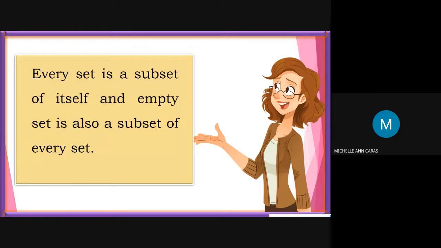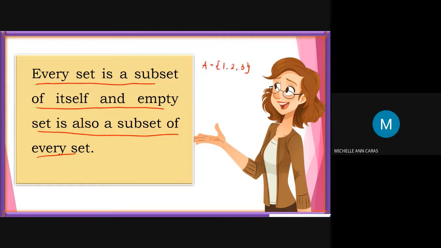So, okay. So another statement, every set is a subset of itself and the empty set is also a subset of every set. So, halimbawa, if we are given the value of set A is equal to 1, 2, 3, ang hambalabi diri class, every set is a subset of itself.